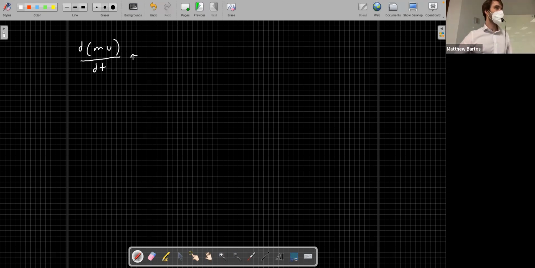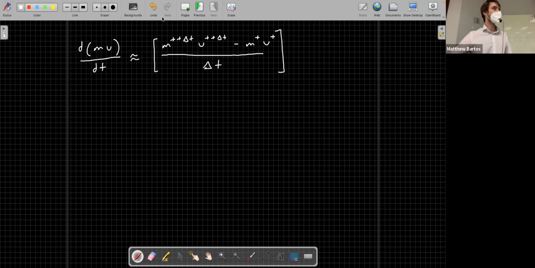So this is going to be approximately equal to the mass in the control volume at time step t plus delta t times the velocity of flow at time step t plus delta t minus the mass at time t times the velocity at time t, divided by our time step delta t. So this portion is the rate of change of momentum within this control volume.